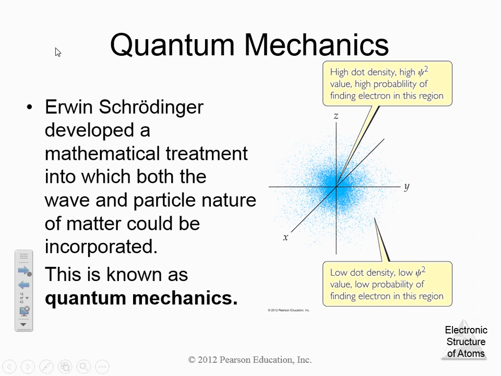Schrodinger comes along and mathematically applies both the wave and particle nature of light into his equations, and this is known as quantum mechanics. And what he does is that if you see on the right here, each blue dot represents the probability that the electron will be there.